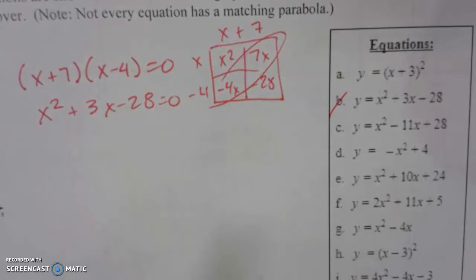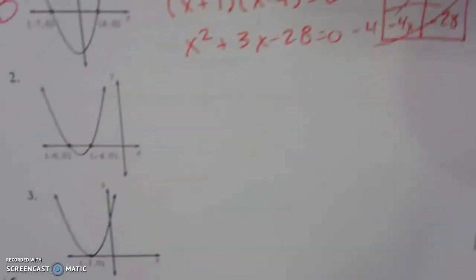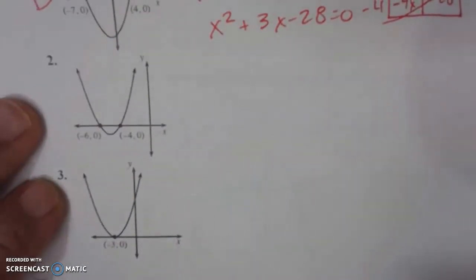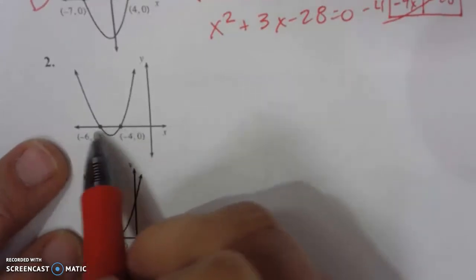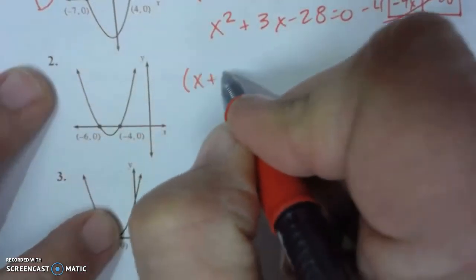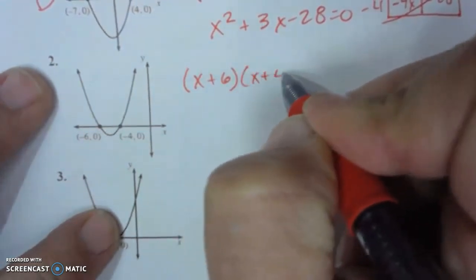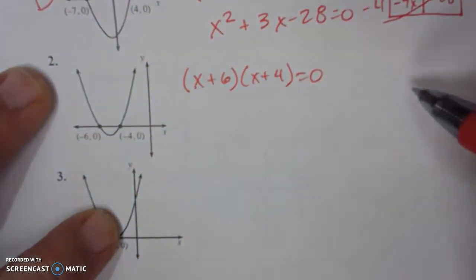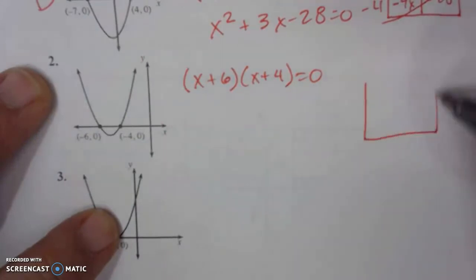I go to the next one, and I can see here that my x-intercepts are -6 and -4. So you're going to do the opposite. X plus 6, x plus 4 equals 0. So you're going to, again, set up your box.